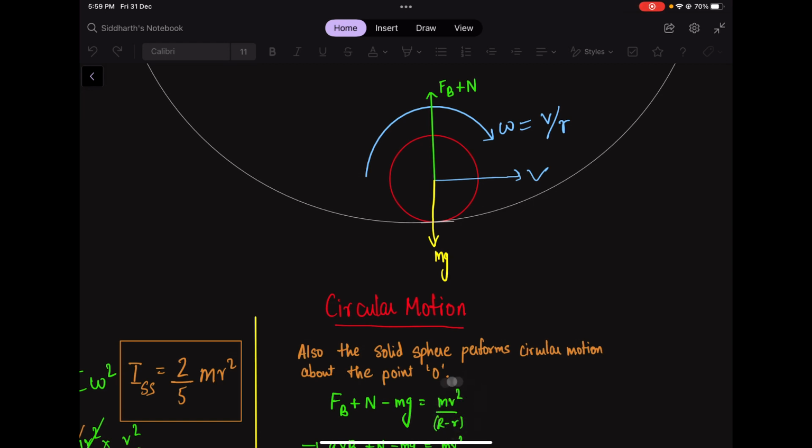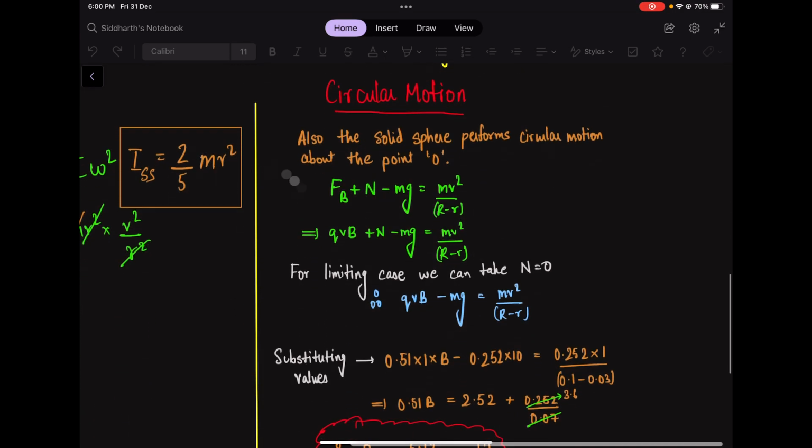This is the mv square by radius, and the radius here is capital R minus small r, because we have to consider the center of mass to be performing circular motion. So FB is qvB, plus N minus mg is equal to mv square divided by (R minus r). For the limiting case, we can take N equal to 0 as we are told to find the minimum.